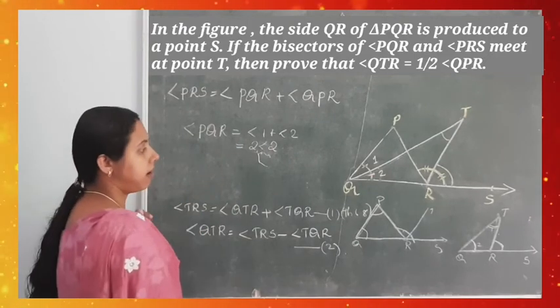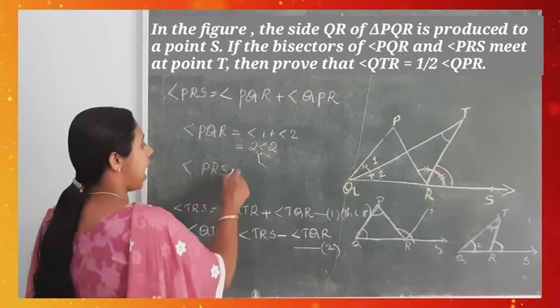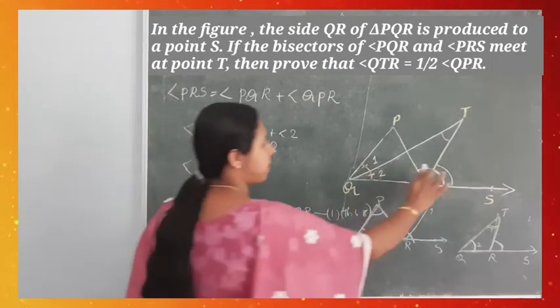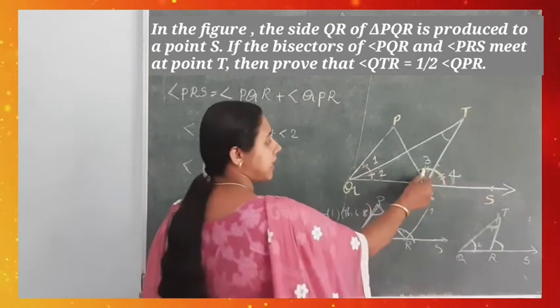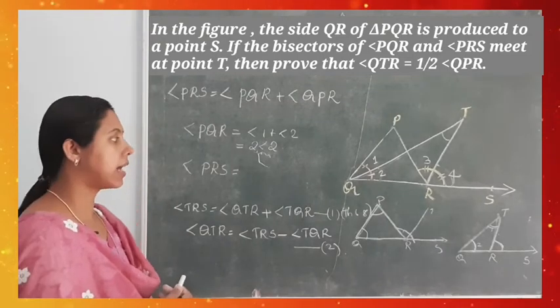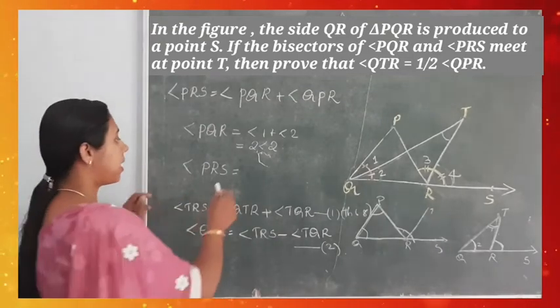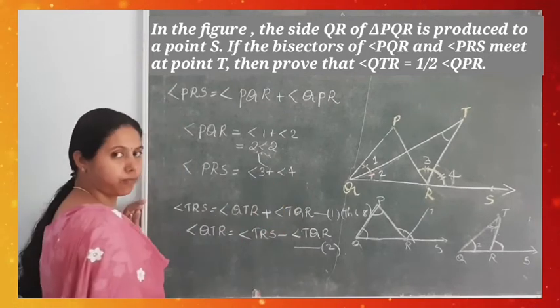And the same way, angle PRS. You can mark these two angles as angle 3 and angle 4. Angle 3 is equal to angle 4 because RT is the bisector of angle PRS. So angle PRS we can write as angle 3 plus angle 4.